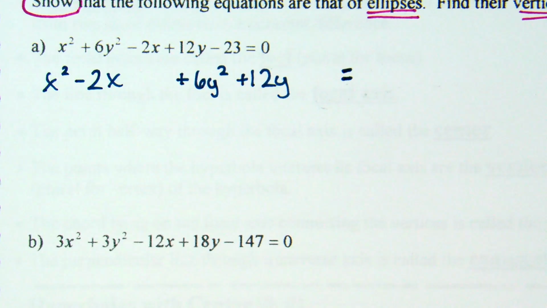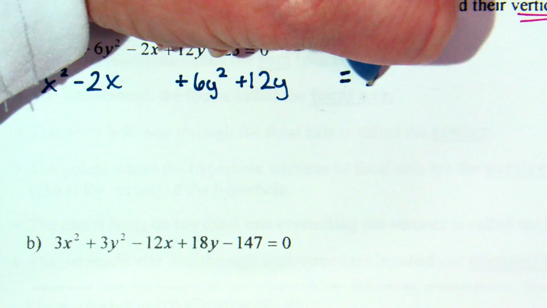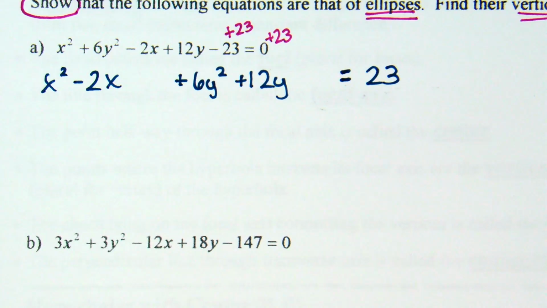Yeah, there's a minus 23. So to move it across the equal sign, we're going to add 23. And so I have equals 23. Okay, x squared minus 2x, gap, plus 6y squared plus 12y, gap, equals 23.